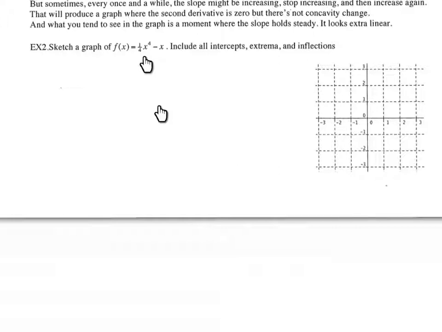So we know that this point, (0, 0), is on the graph, because that is our y-intercept, and it also is one of our x-intercepts. So we have a y-intercept at (0, 0).